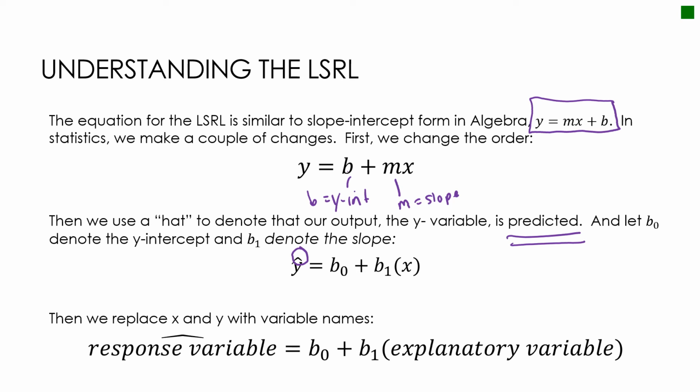We also change b to b sub 0, which is still the y-intercept, and then we change m to b sub 1, which represents the slope. And lastly, we replace y and x with variable names. So this would be whatever the response variable is, whatever the y variable is, and this would be whatever the x variable is, or the explanatory variable.